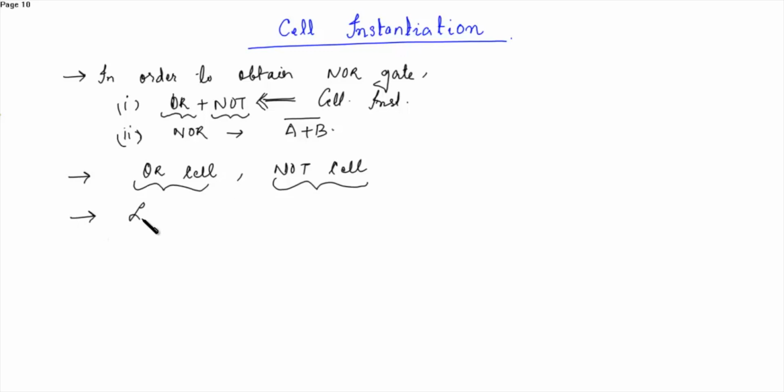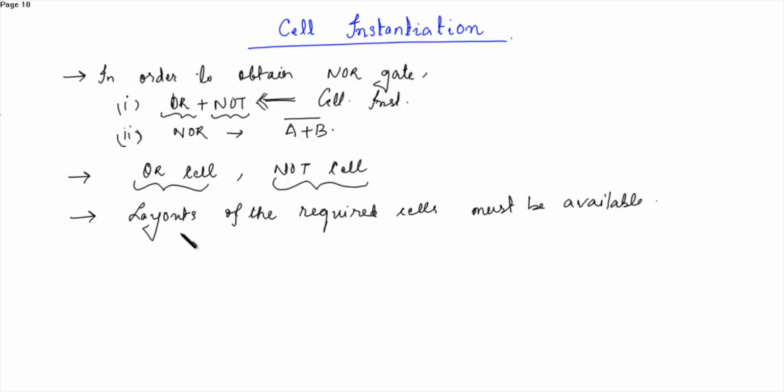That means the layouts of the required cells must be available. One should draw the layout of the cells before going for the cell instantiation.